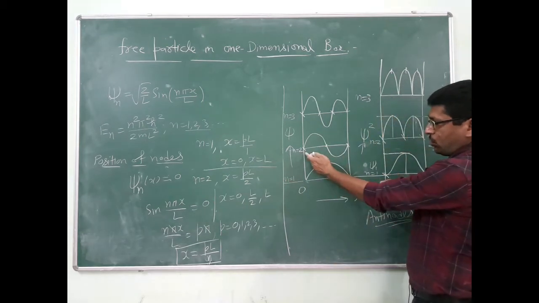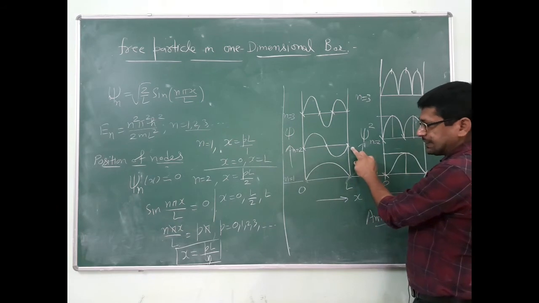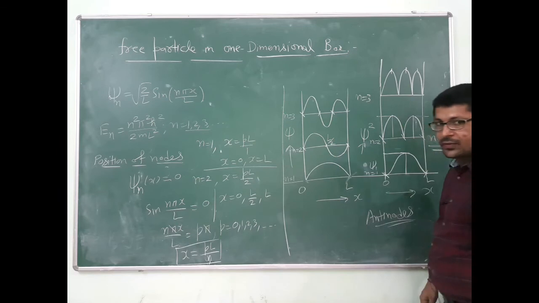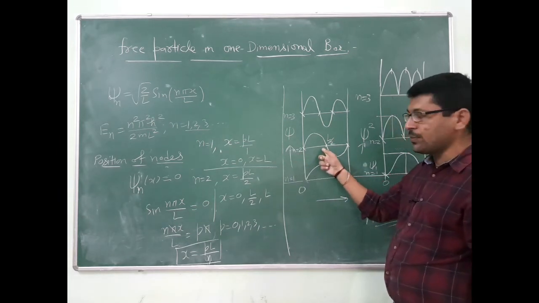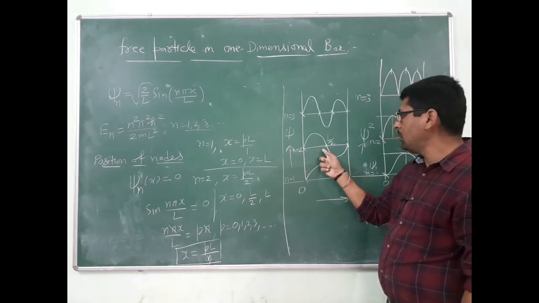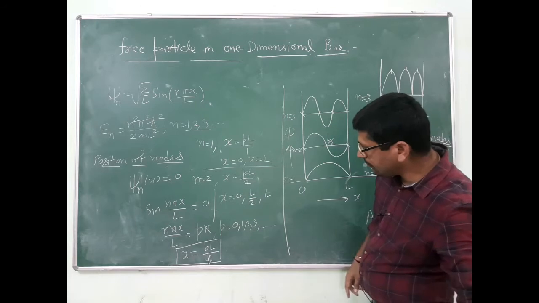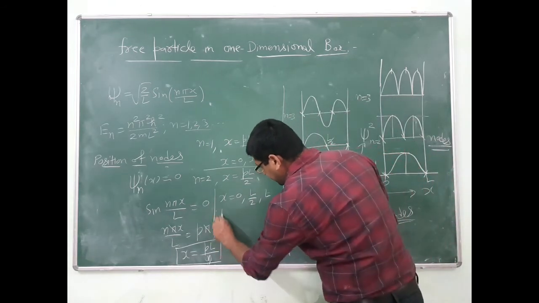For n is equal to 2, the first excited state, we have seen the wave function is 0 at x is equal to 0, x is equal to L, and also at L by 2, half of the length.